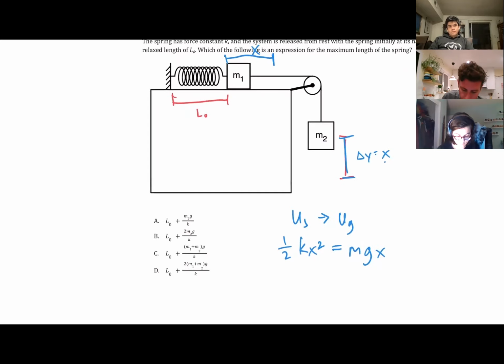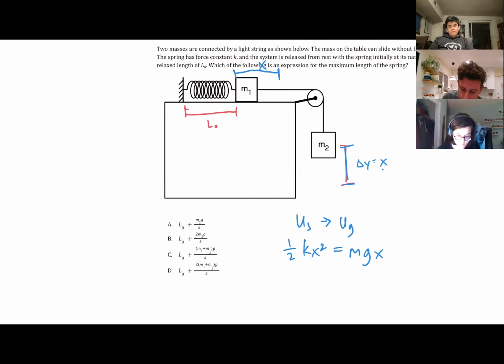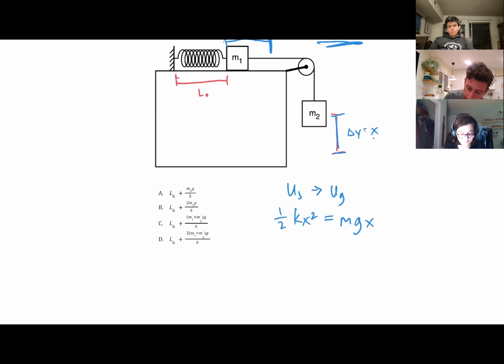Then solving for x, because x would be the distance stretched, and I'm trying to figure out the maximum length of the spring. So solving for x, I could divide both sides by x.